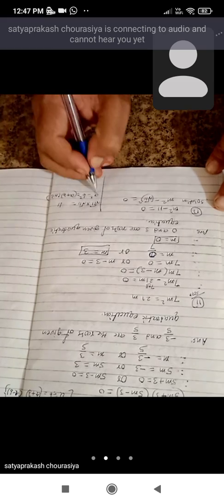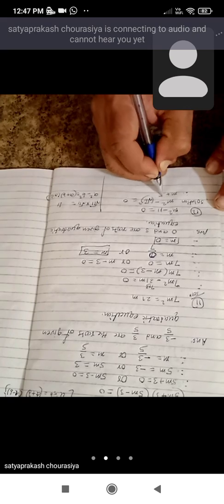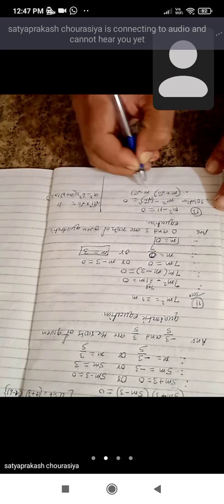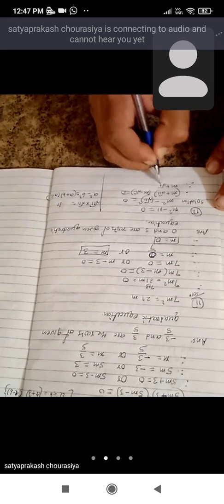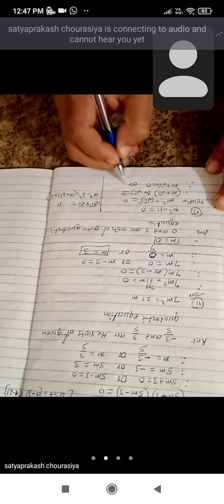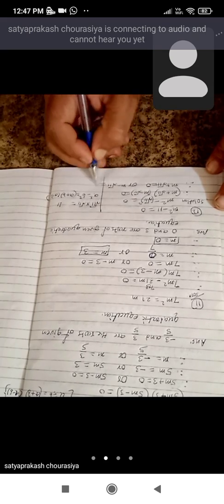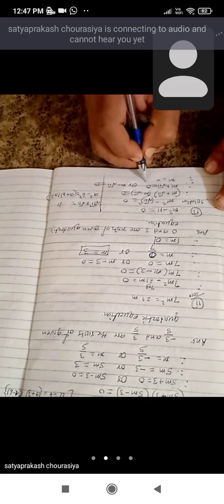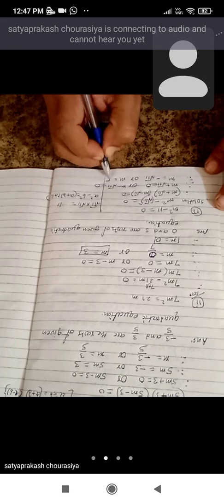So now (m plus under root 11)(m minus under root 11) is equals to 0. Therefore m plus under root 11 is equals to 0, or m minus under root 11 is equals to 0. So therefore m is equals to minus under root 11, or m is equals to under root 11.